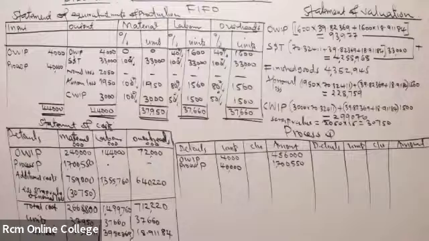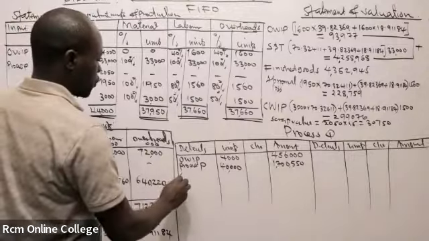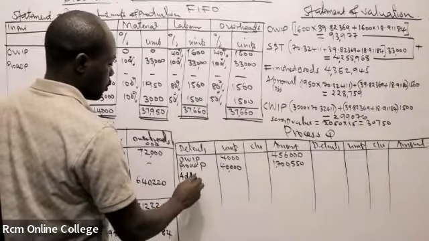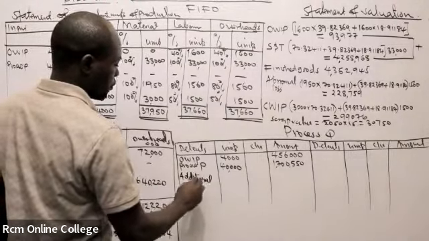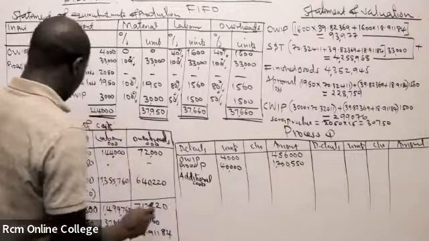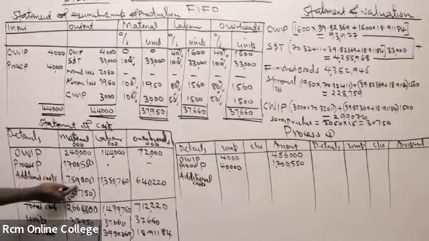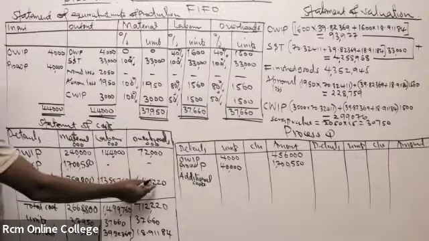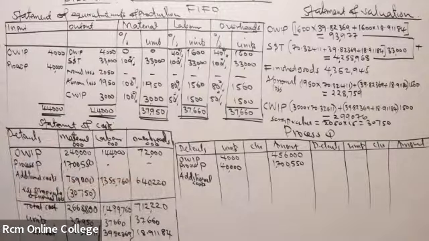Anything that was not related to cost, units, we also add additional costs. So the additional cost, we have material, we have labor, we have overheads. Can we add the three figures?